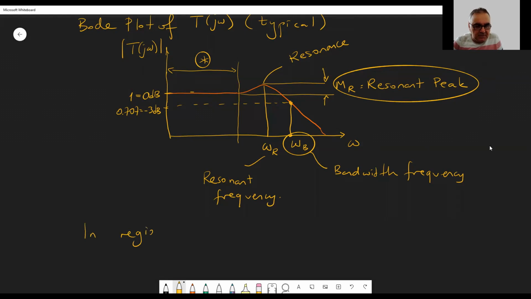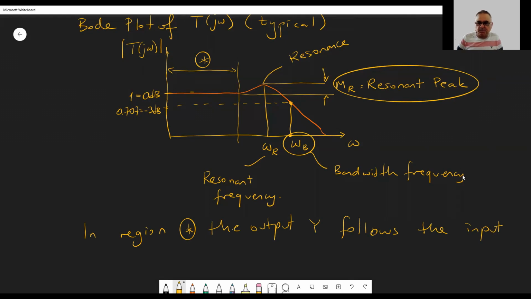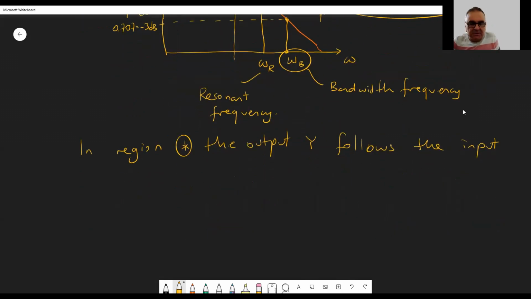In region star, the output Y follows the input without too much error, with no error, let's say.